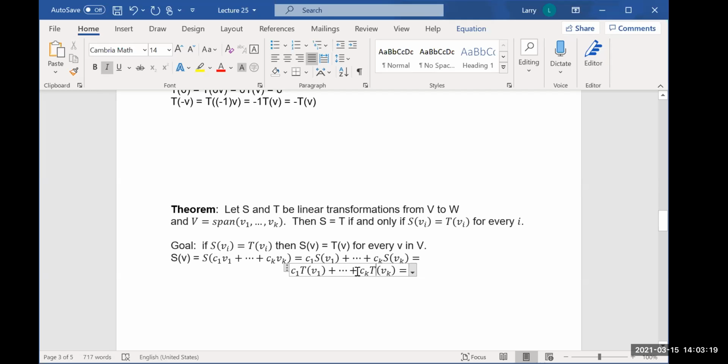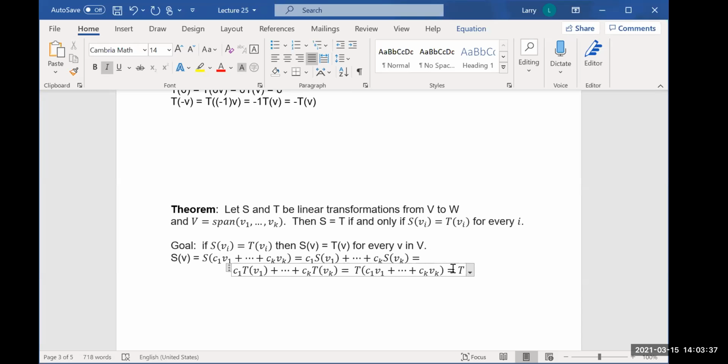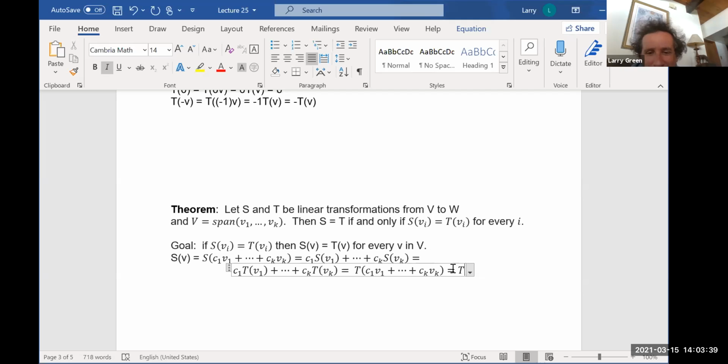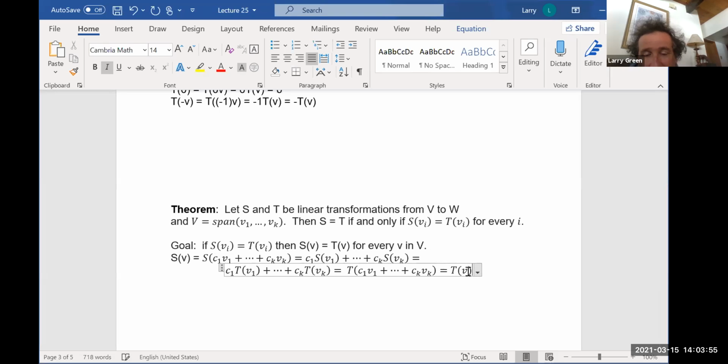Put it back together with a T instead of an S, right? But what is c1 V1 plus dot dot dot ck Vk? It's the span. But what is it in one letter? Not S, it's V. So that's T of V, and I'm done.